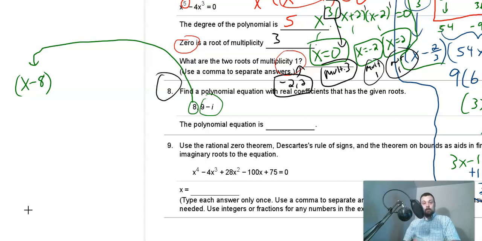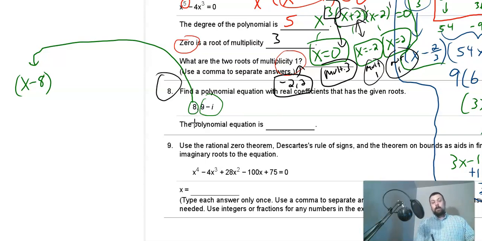We take the solution, and whatever the solution is, we take x minus that solution to make it a factor of the equation. It's the exact reverse of what we just did here, right? Because x plus 2 was a factor, we knew negative 2 was a 0. We're just doing that in reverse. If negative 2 is a 0, that means x plus 2 had to be a factor to give me that 0.